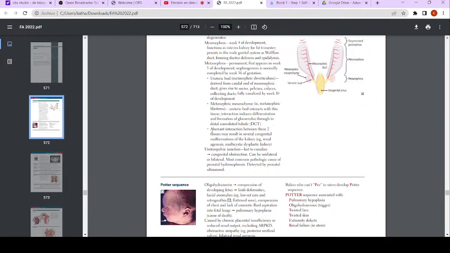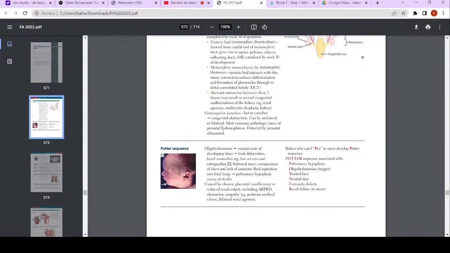And it says aberrant interaction between these two tissues might result in several congenital malformations of the kidney. And this one is kind of important too: the ureteropelvic junction obstruction is the most common pathologic cause of prenatal hydronephrosis, and it's detected by ultrasound. This is also pretty high yield: the Potter sequence.